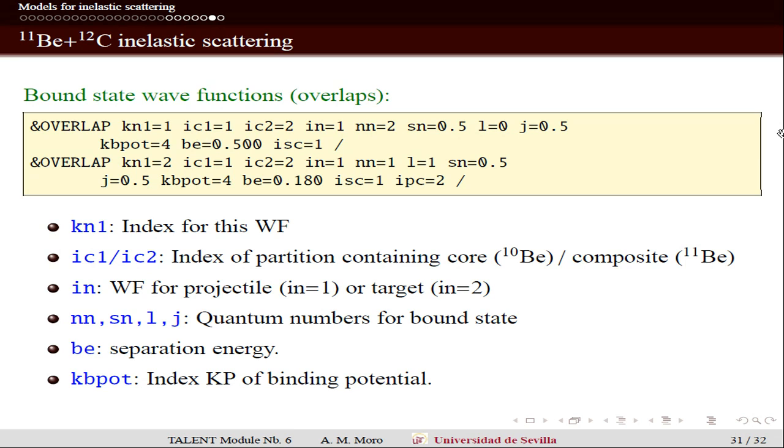So we have two overlaps because we have two states, and each of them is labeled by an index, Kn. Also, we have to specify the partitions that contain them. When we are doing the overlap, we have to identify the partition where beryllium-11 is and the partition of beryllium-10. Imagine in a more general calculation, we might have many partitions for different channels.